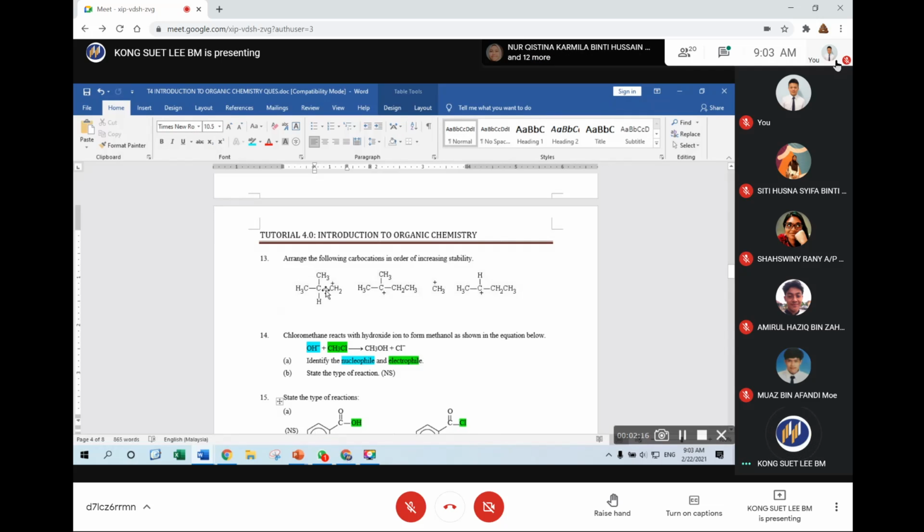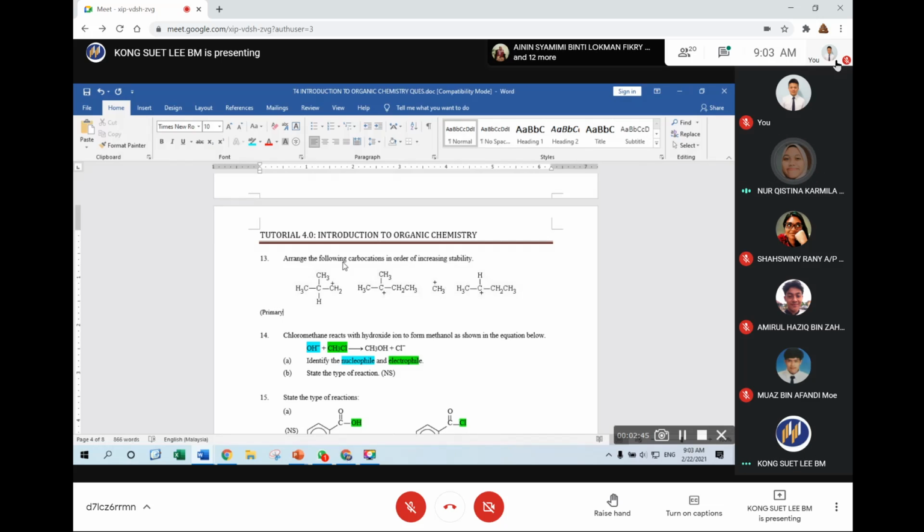The first one? Christina, are you here? Yes, madam. Wait, madam, I'm confused. Okay, jangan confuse. You tengok carbon ni. Ikat dengan berapa carbon? 2 carbon. 1 carbon. So, primary.